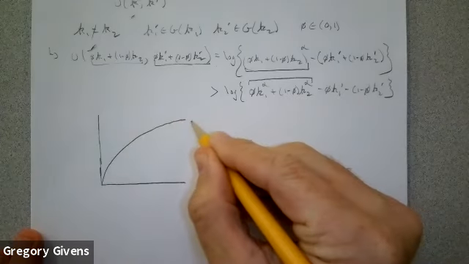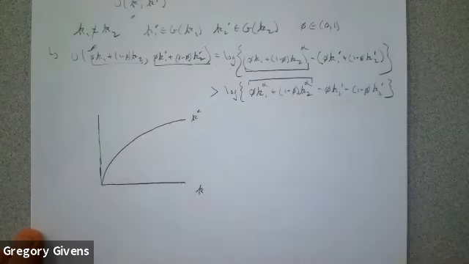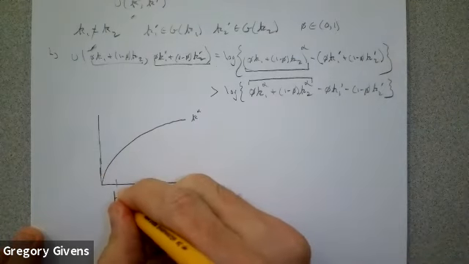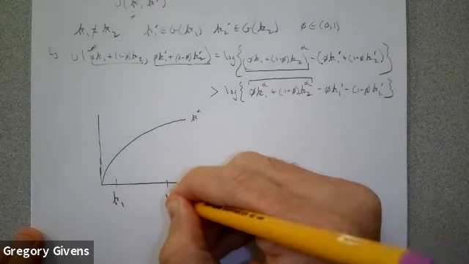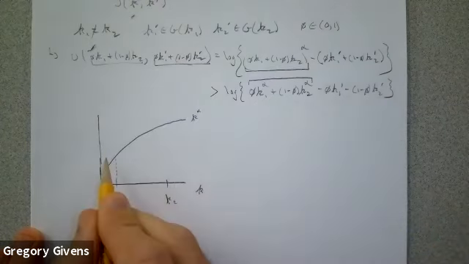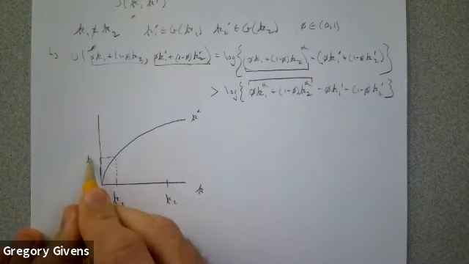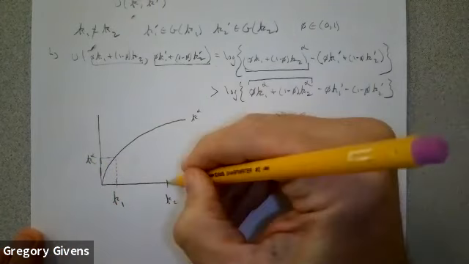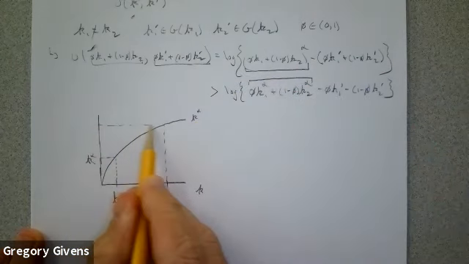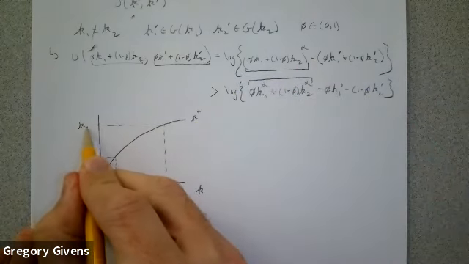Like this, right? Let's take our 2 points. Let's take a k1 and a k2. So this is k1 to the alpha. This is k2 to the alpha.